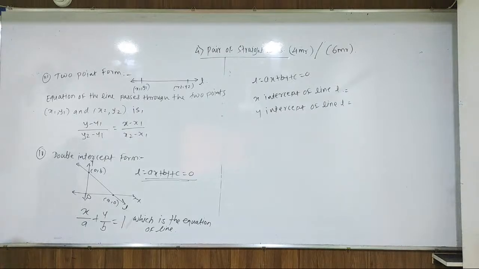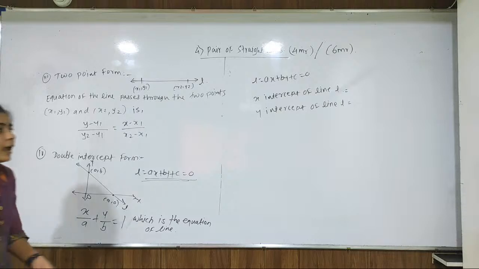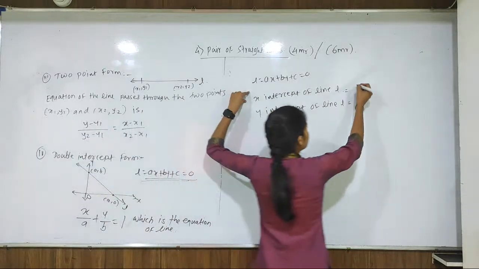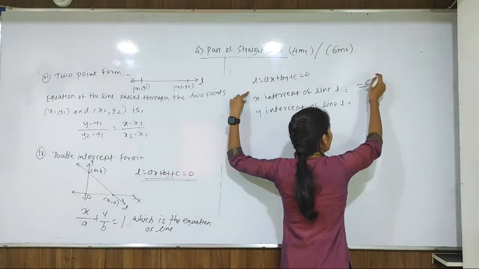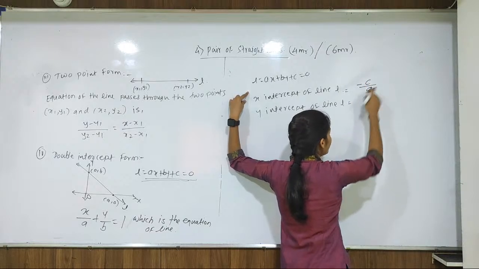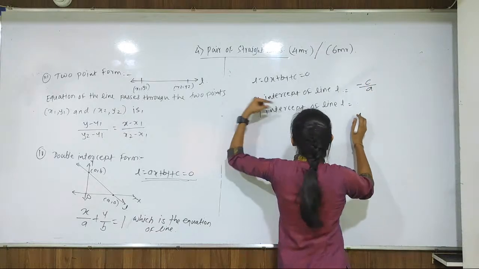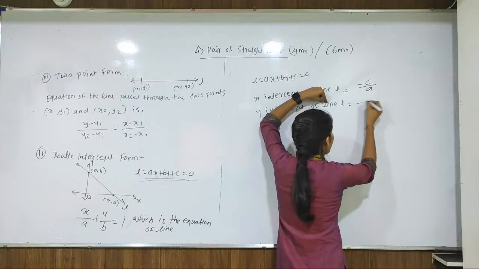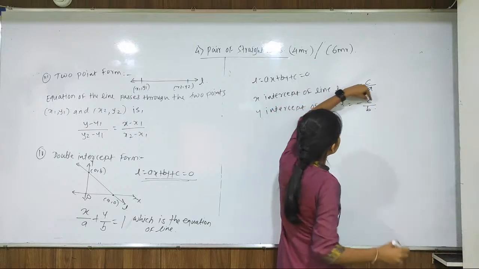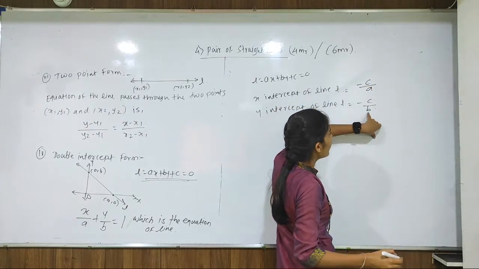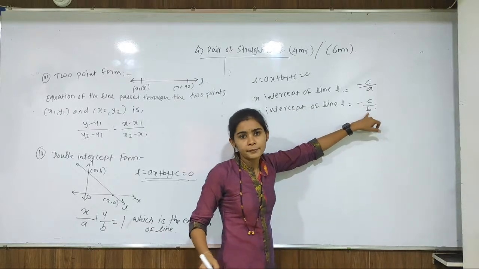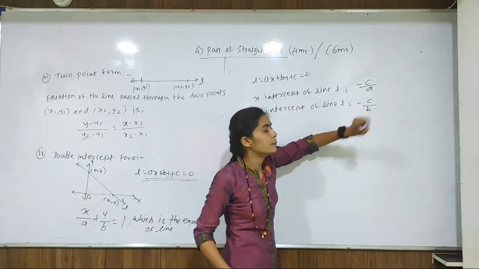So the x intercept of line L is equal to minus c upon a, and the y intercept is minus c upon b, like this.